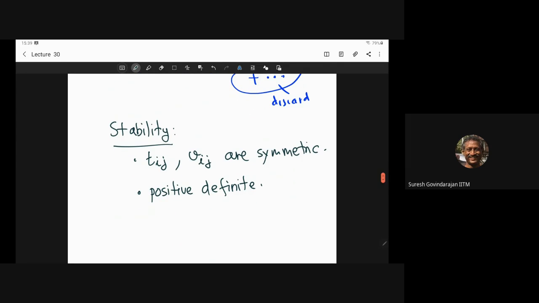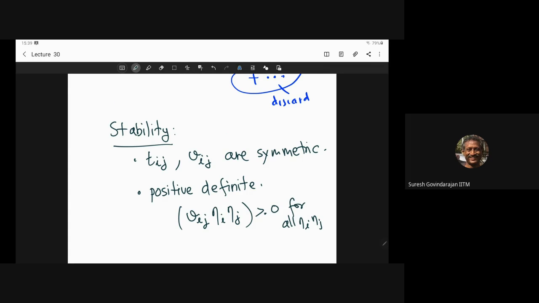So it means that their eigenvalues are positive. A matrix is positive definite if Vij eta i eta j is always greater than 0 for all eta.